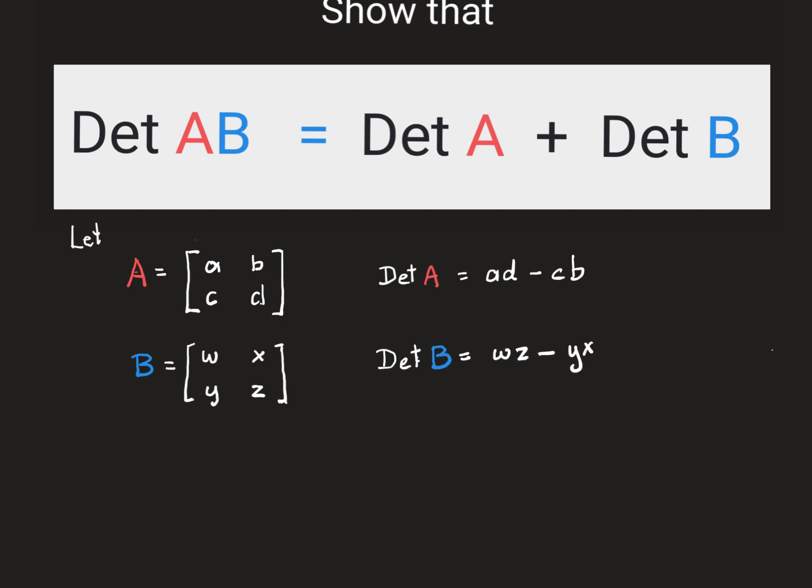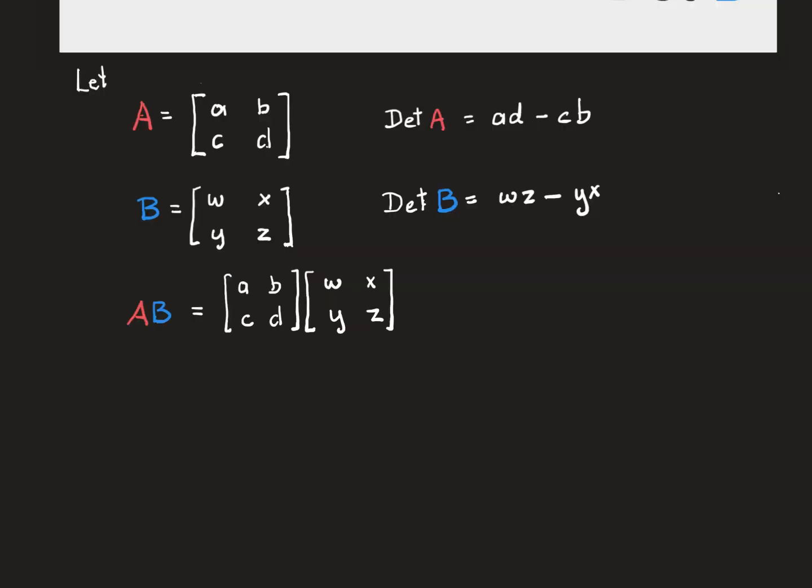To find the determinant of AB, we need to first multiply the matrix A with the matrix B. This will be done by multiplying the first row, A B, with the first column, W Y. That is to say that we'll multiply A with W and add it to B multiplied by Y. And we do this for all of them.